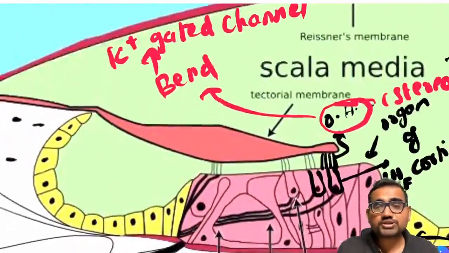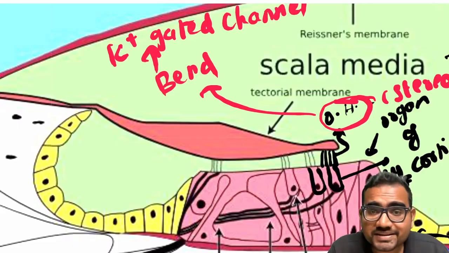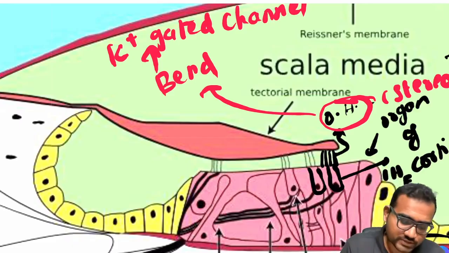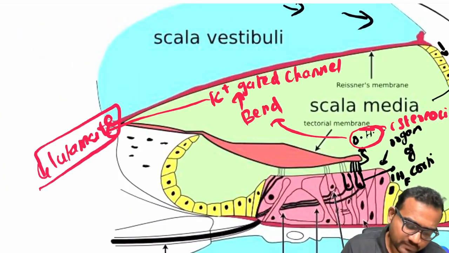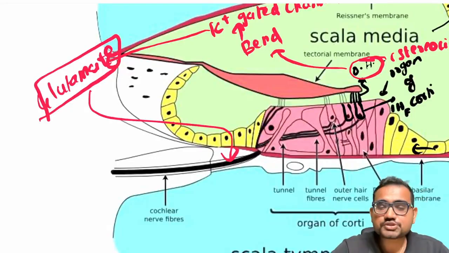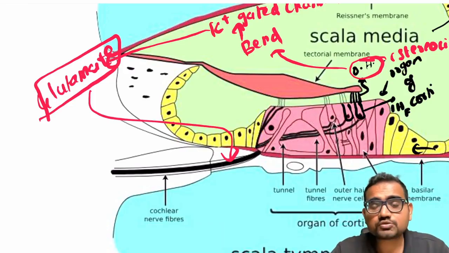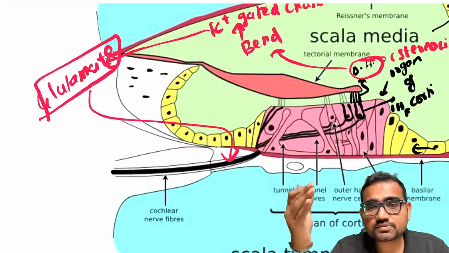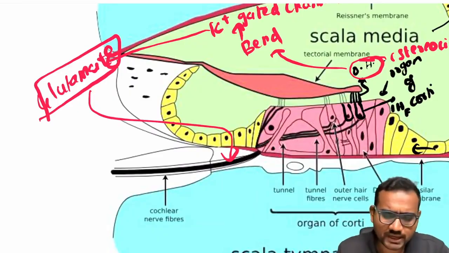Once the potassium gated channels are opened, that results in depolarization of the hair cells, which results in release of the neurotransmitter glutamate. The glutamate stimulates an action potential, which is received by the cochlear nerve and goes to the CNS, where the fluid waves and vibrations are converted into sound. This is what normally happens.